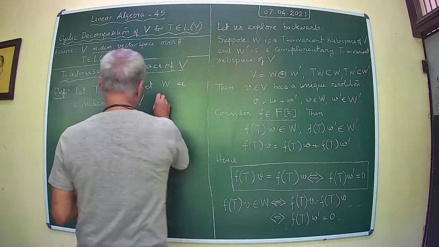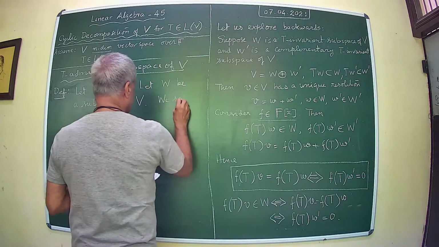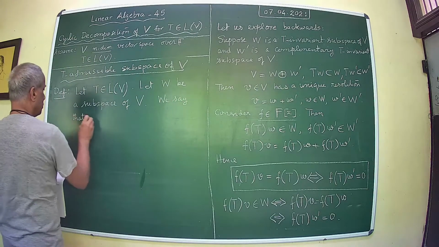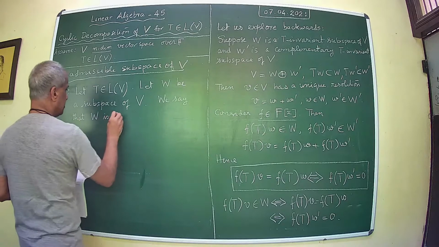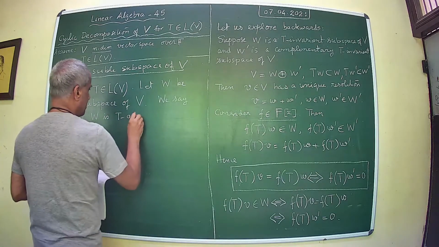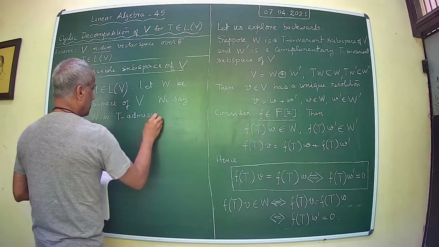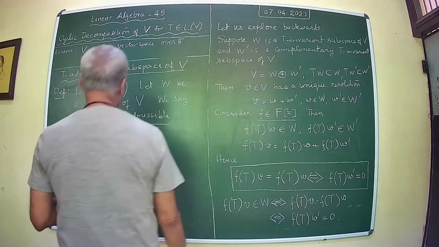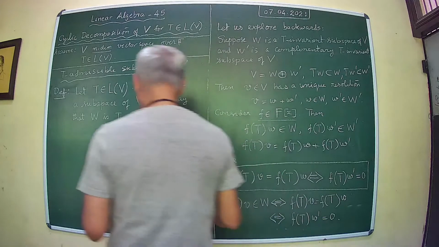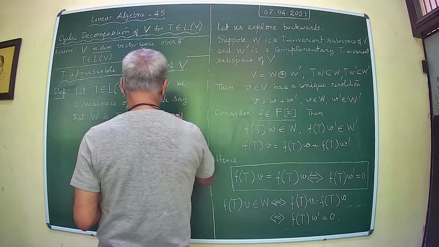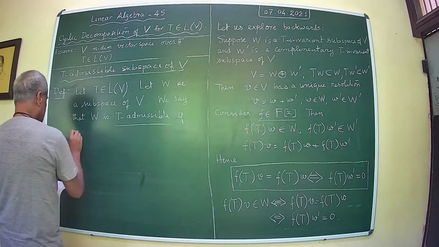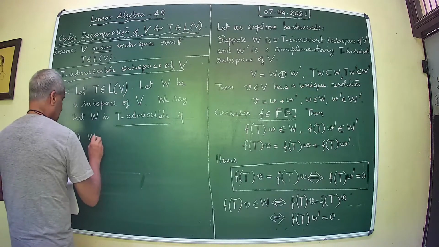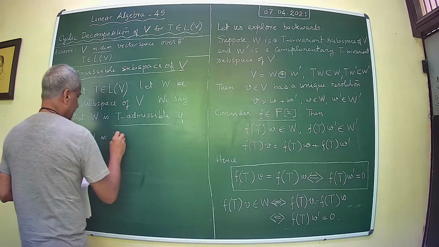Then we say that W is T-admissible if the first condition is that W is invariant.